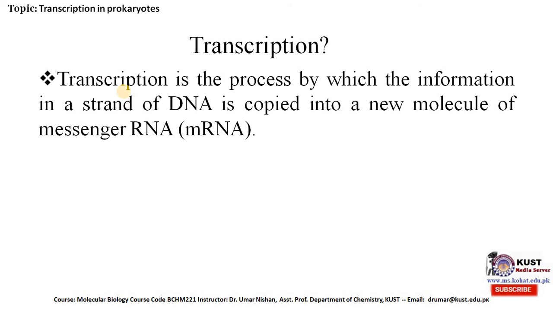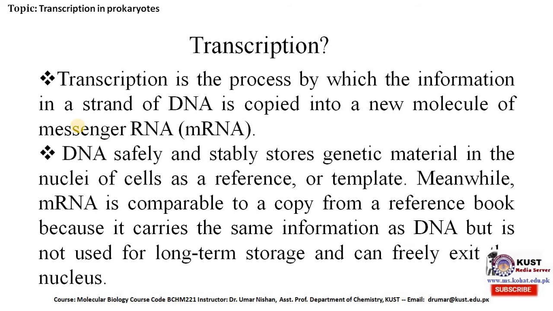So this is the process by which the information in a strand of DNA is copied into a new molecule of messenger RNA. This is overall the process of transcription. Now let me also elaborate that DNA safely and stably stores genetic material in the nuclei of cells as a reference or template.